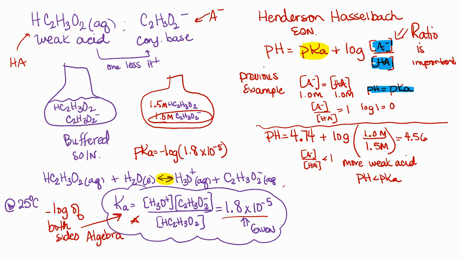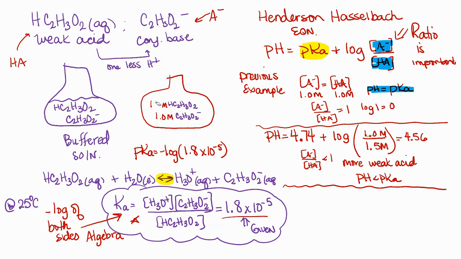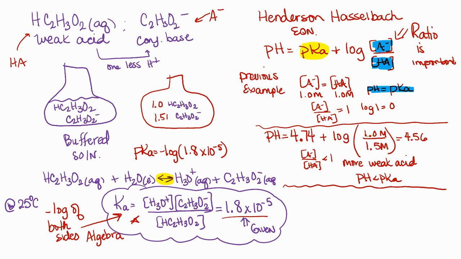Okay, let's try one more scenario. Let's say that I have acetic acid, so that one is going to be 1.0, and let's put the other one at 1.5, the conjugate base.